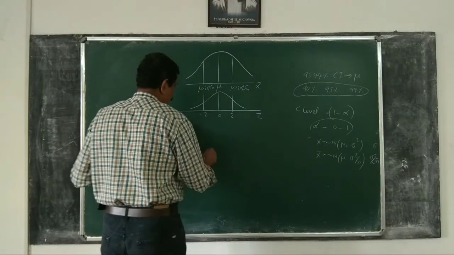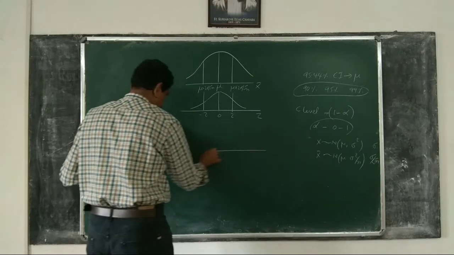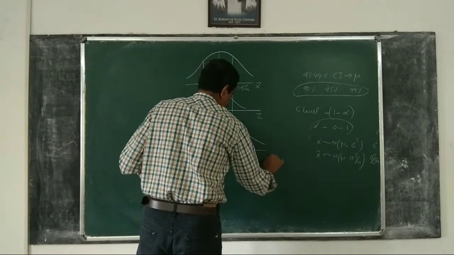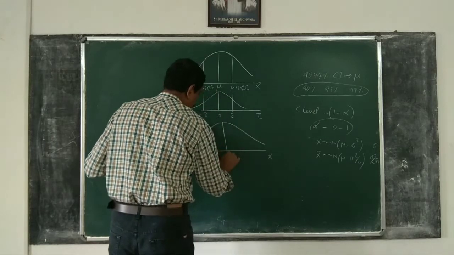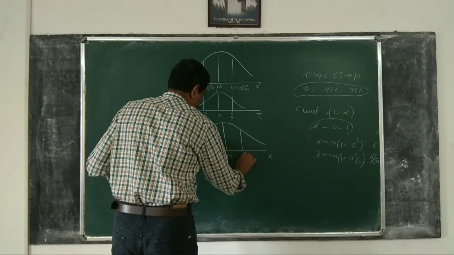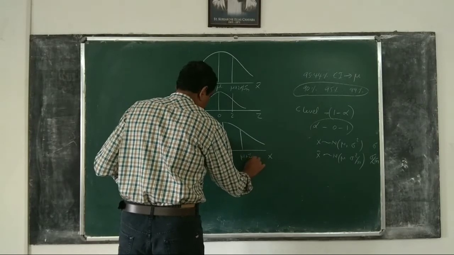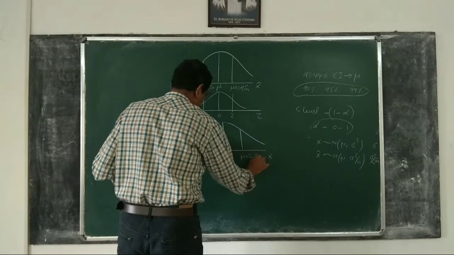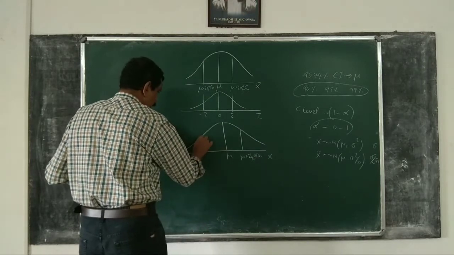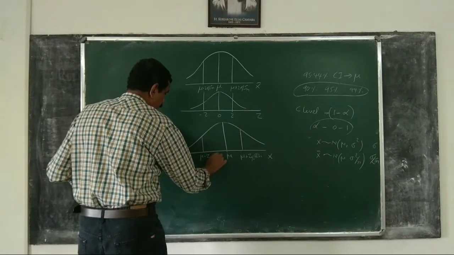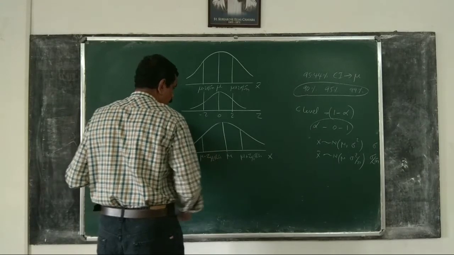Generalizing this, we can write it as mu plus Z alpha by 2 sigma by root n, and mu minus Z alpha by 2 sigma by root n.